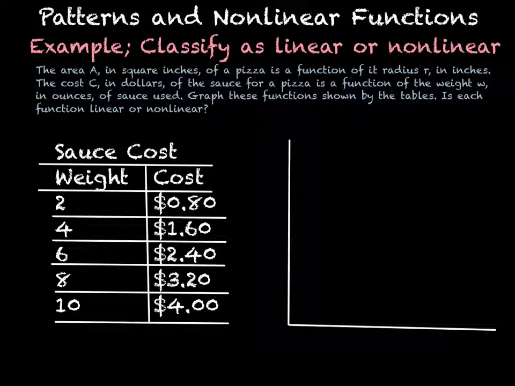With this next example, we're going to do the same thing. We're going to graph the cost of the pizza sauce. So the weight is the same, 2, 4, 6, 8, 10. That is going to be our x variable, and we're just going to go by 2's.